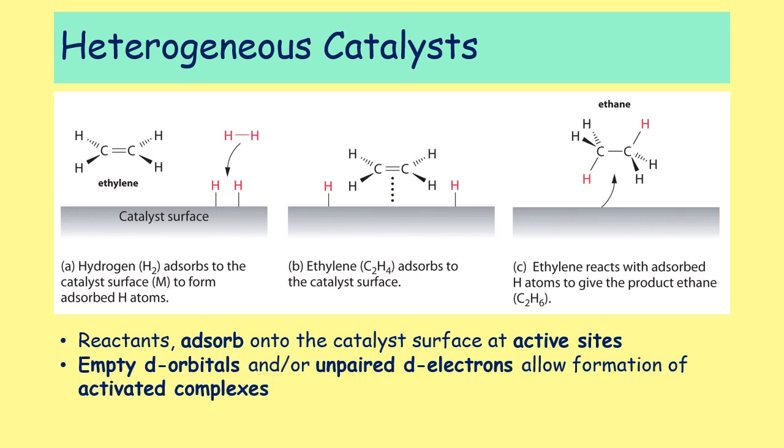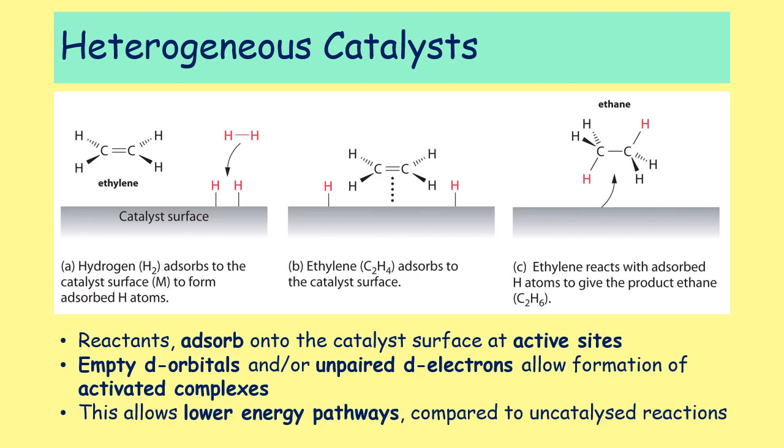Now, how this happens is because the transition metals have d orbitals that are empty or have unpaired d electrons. And what you actually are forming on the surface is a sort of transition metal complex. And that's why we call it an activated complex, because it's a transition metal complex, but the reactants are being activated, they're being made more active, more reactive.